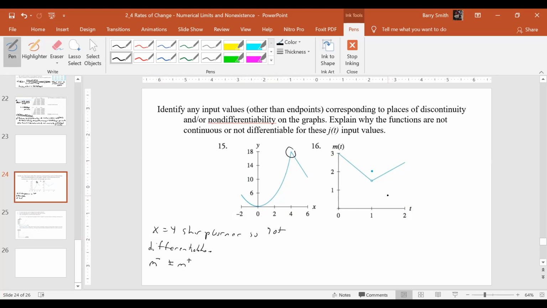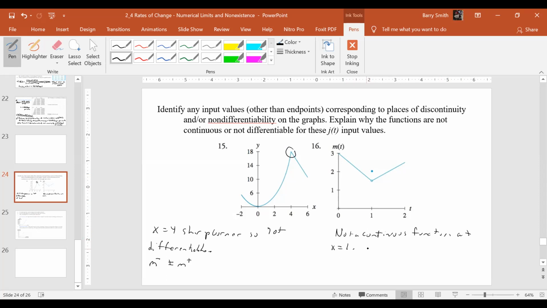Okay. Now, what about this one? Well, this one is not continuous, because we come down here and all of a sudden we have the point up here. So it's not a continuous function, at x equals 1.